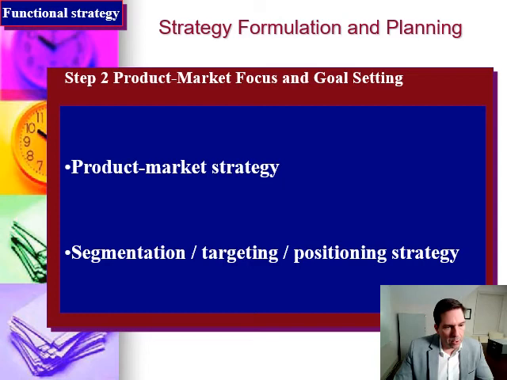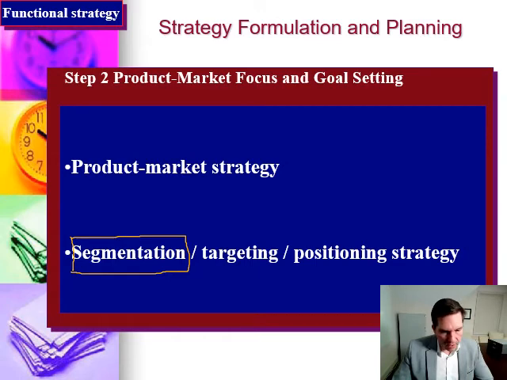Okay, good. Now, after you have that information, you're going to decide basically what your strategy is going to be for that market, right? And the key aspects of strategy, like I was walking you through before, are going to be segmentation. So you're going to have to decide which kind of customers you are going to be targeting, right?